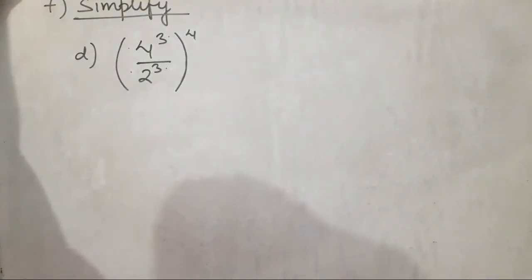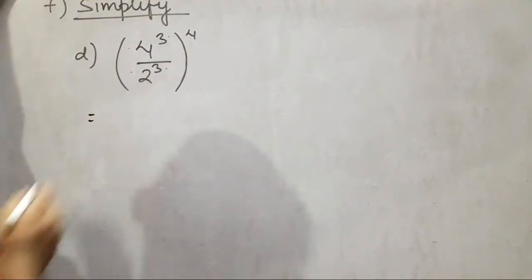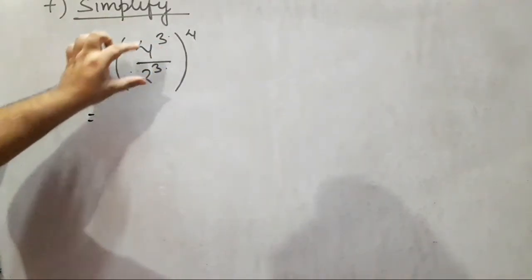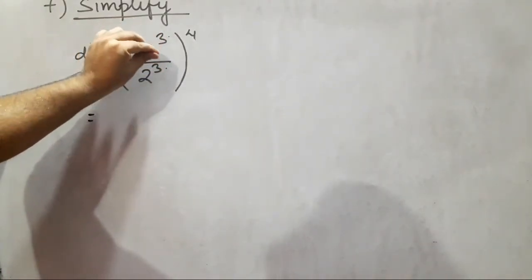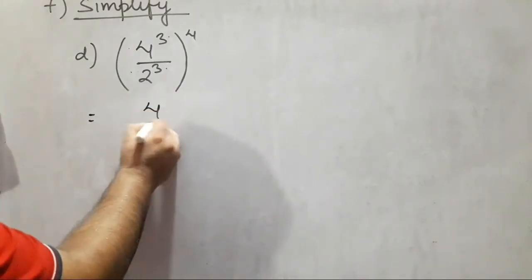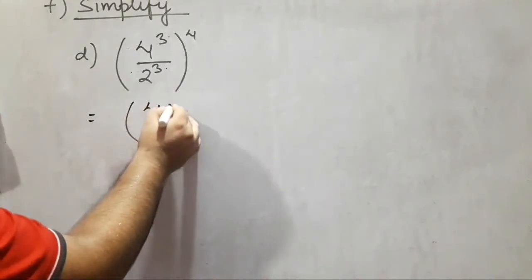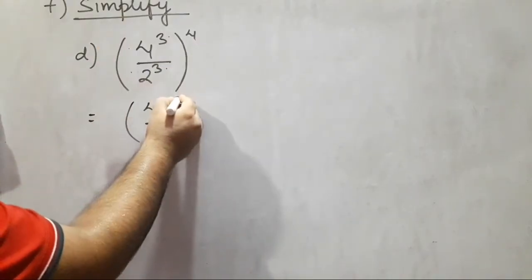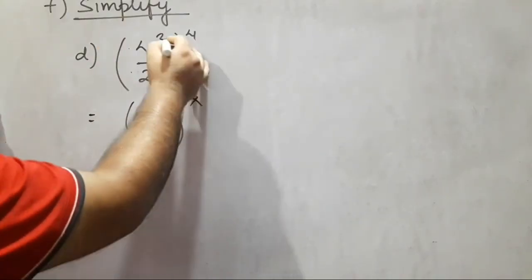Now the next question. This also can be done in two ways. Let's do the first way. Since these two bases have the same powers, the same powers can be taken common. So (4/2) bracket. Now these powers are taken common as a single power, so power 3 goes outside.